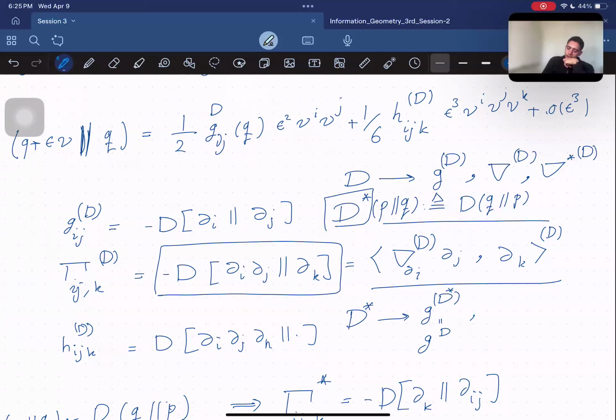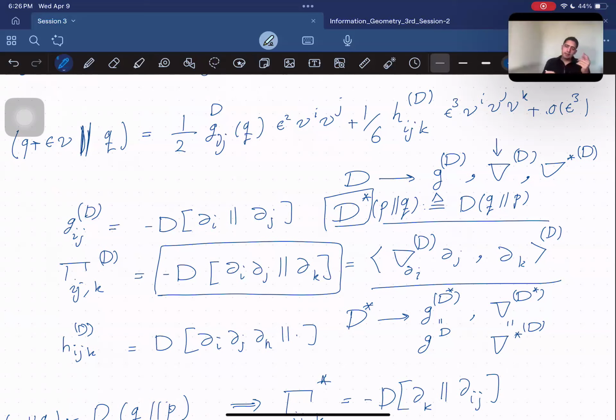And if I look at theta D star, it would be nothing but the dual connection of the first connection I found here.